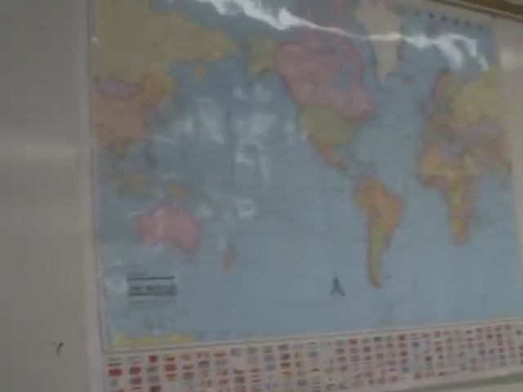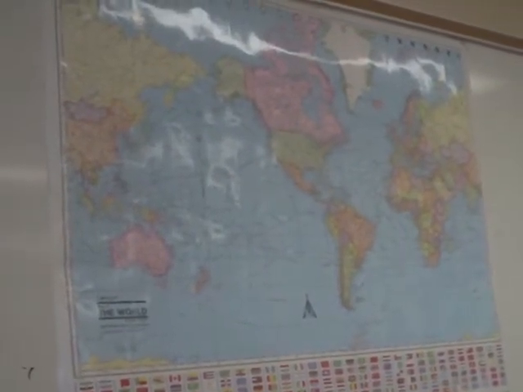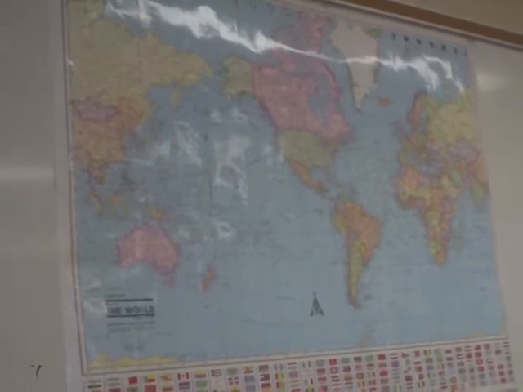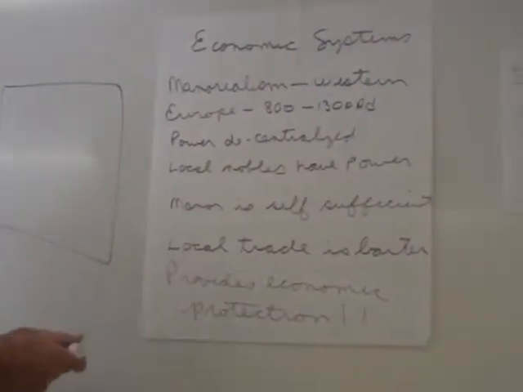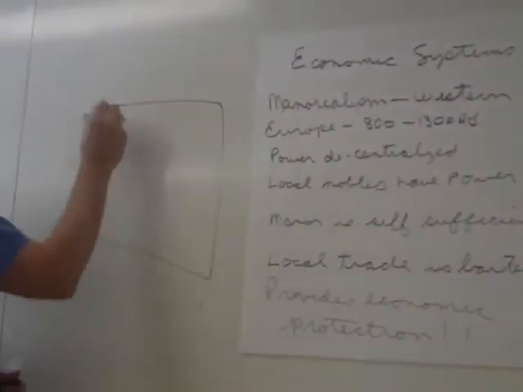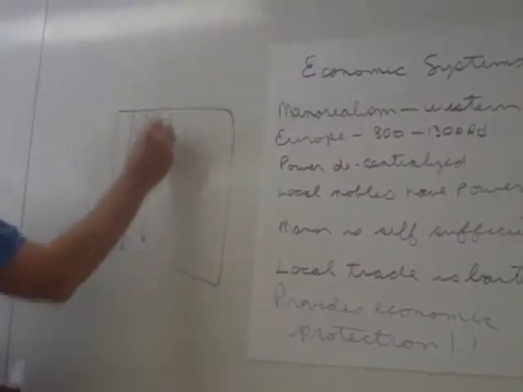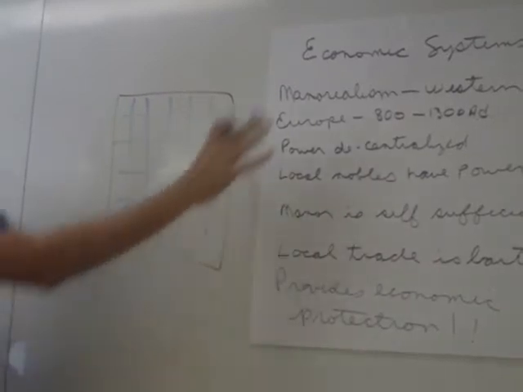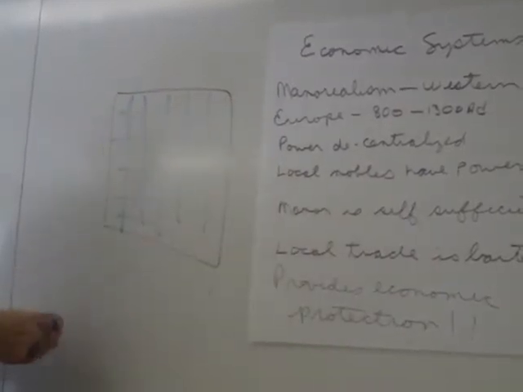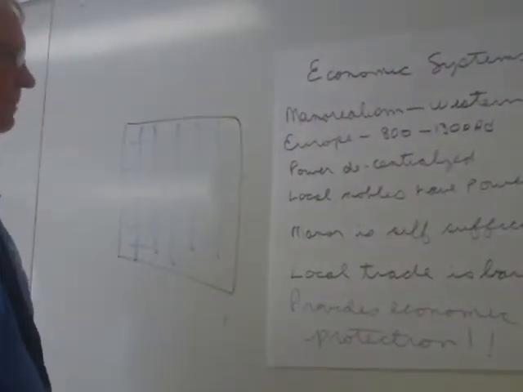What you had was the country being divided up, so that France was broken up into many different areas. So power was decentralized, and a noble in a particular area had the power.